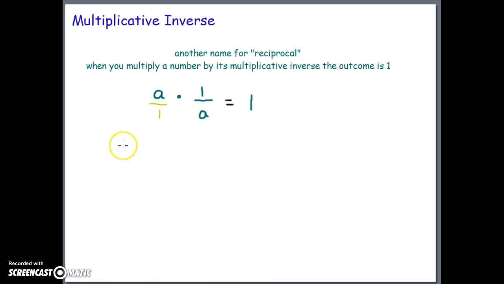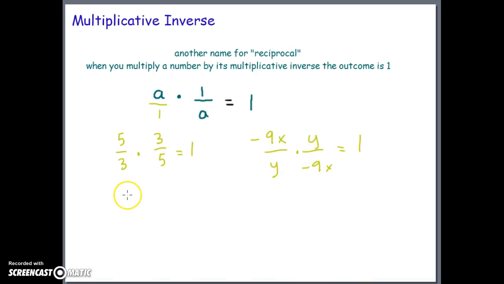So an example here would be if we had 5 over 3, and we multiplied that by the multiplicative inverse, which would be 3 over 5, right? They equal 1. Or if you had negative 9x over y, and you multiply that by y over negative 9x, these are reciprocals of each other, and they will always multiply to equal 1.